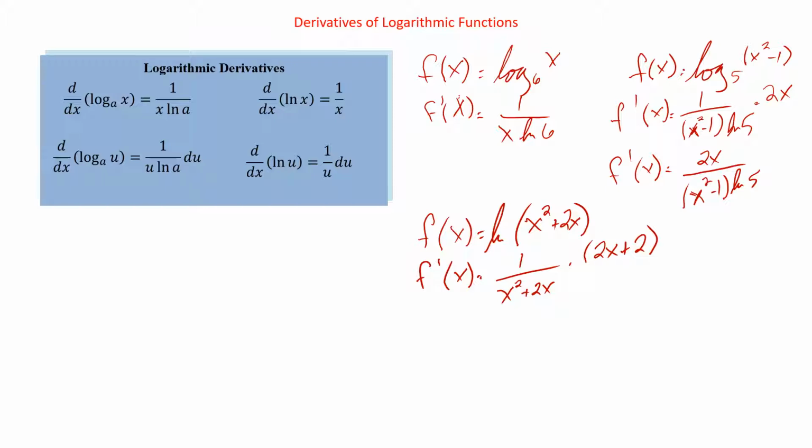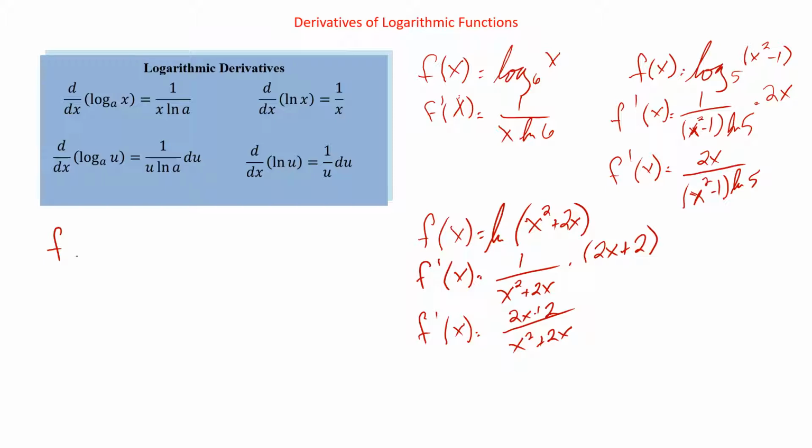And then again, that could be written over top. 2x plus 2 over x squared plus 2x. And then you could factor if you can. In this case, it's not going to factor, but sometimes it will.